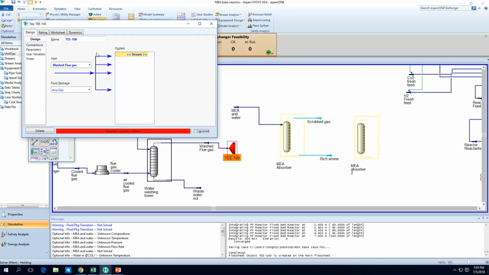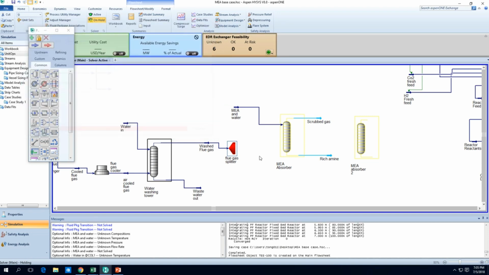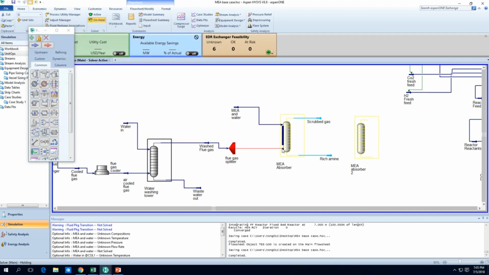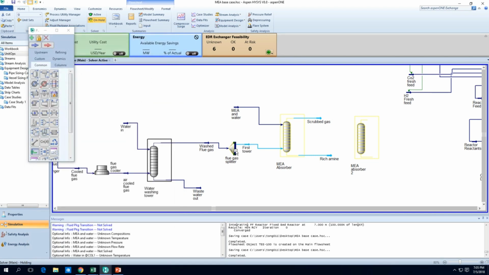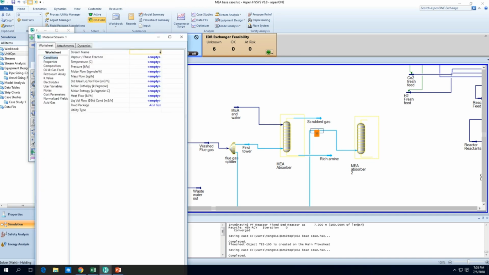So, gas splitter, flue gas splitter. Let's go one to here, first tower, and the other one goes to the second tower. I'm just going to call it second tower.